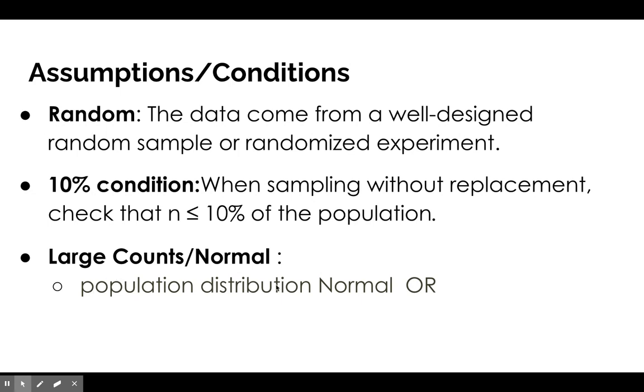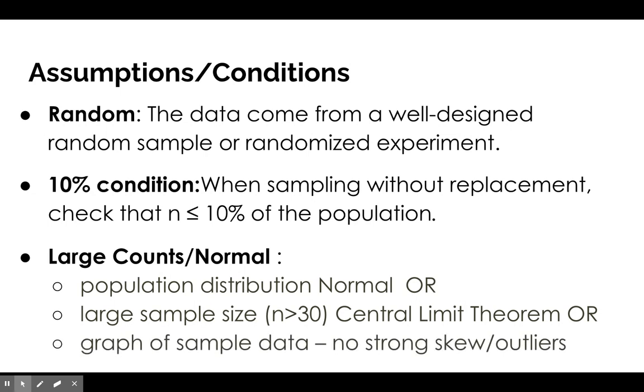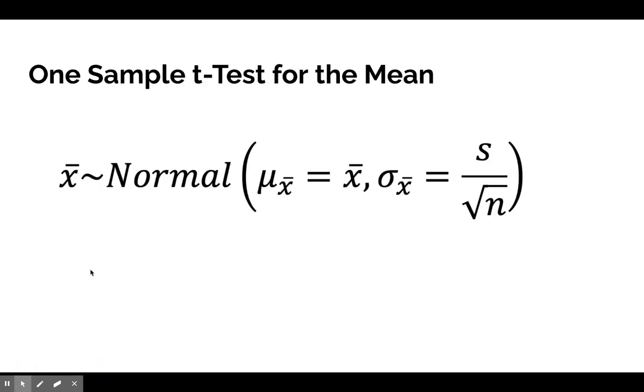Remember that the population distribution can be normal to start with, or your sample size can be larger than 30, or your graph of data from their sample has no strong skew or outliers. So remember, for means, there's a couple more conditions that could be met to satisfy being able to construct a confidence interval or do a hypothesis test.